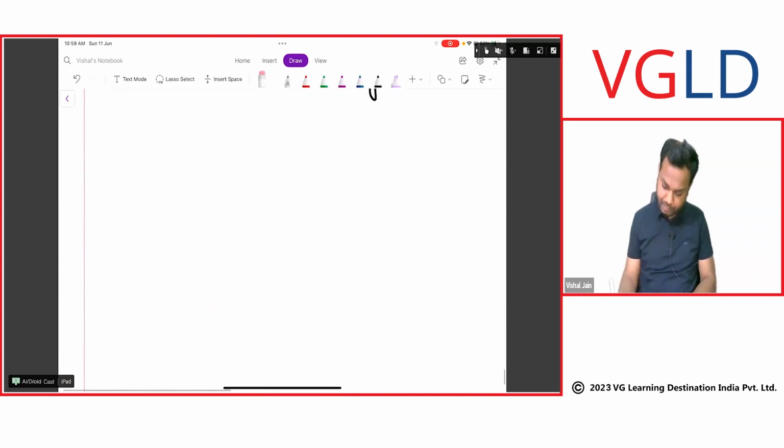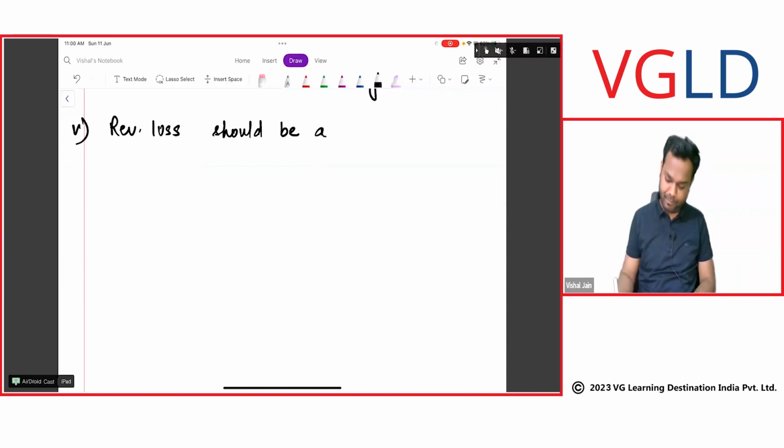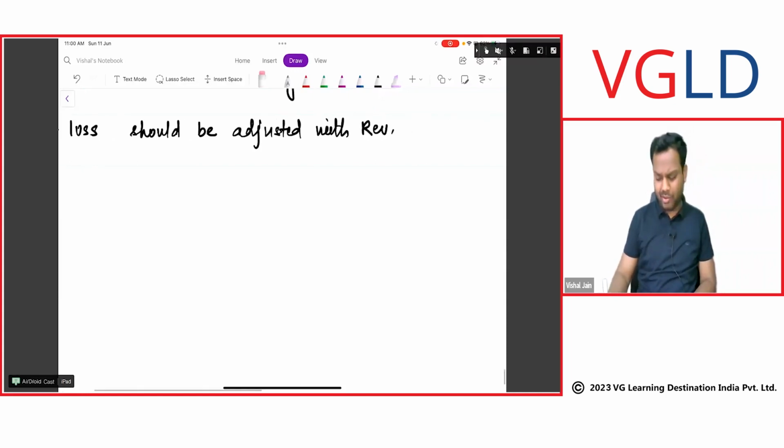Point number 5: revaluation loss should be adjusted with revaluation surplus or revaluation reserve, as the name you might say.